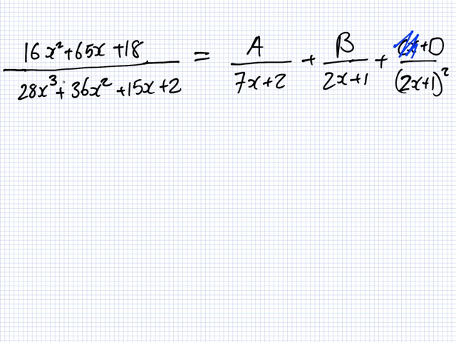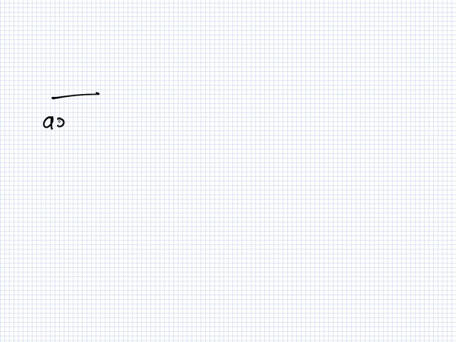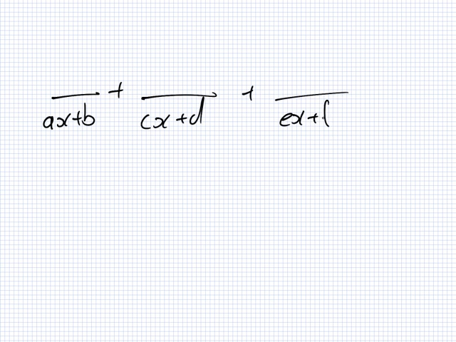But if I just go back to here for a moment, let's say this is something silly like ax plus b, and this one here is cx plus d, and the last one we'll say is ex plus f squared. And we want to add these together. What power do I have here?